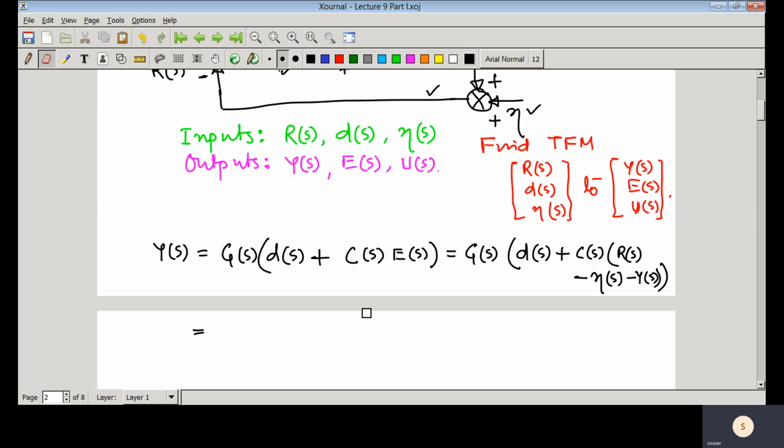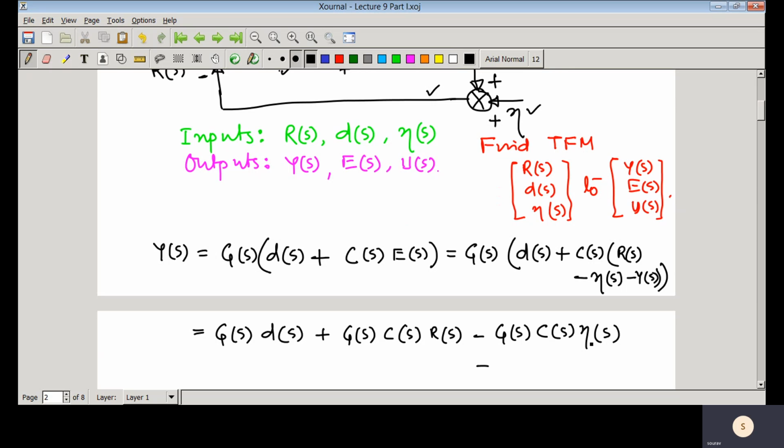So that is GS DS plus GS CS RS plus minus GS CS eta S minus GS CS YS.